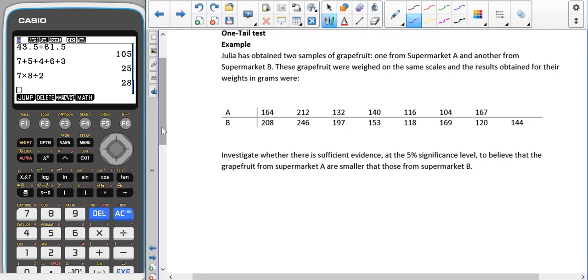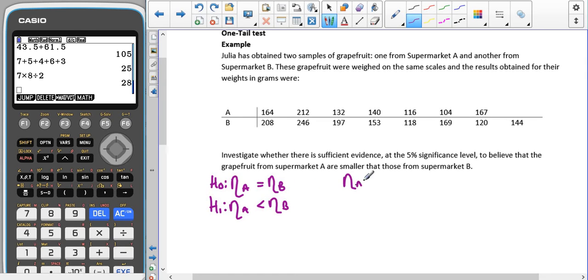Now again, as with all the other hypothesis tests apart from chi-squared, we can use symbols for this. So we're going to have H0, and again we are talking about the median. So we're looking at median A is equal to median B. So it's a little bit different this time. And then our H1 is going to be that median A, we want that to be smaller than median B. Now it's quite important that we define what these symbols mean.